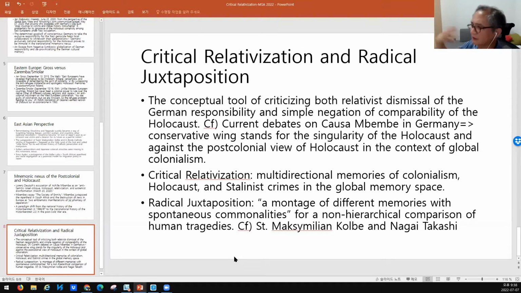So I'm still thinking of critical relativization and radical juxtaposition as two conceptual keywords through which we may approach today's mnemoscape of the global memory regime.